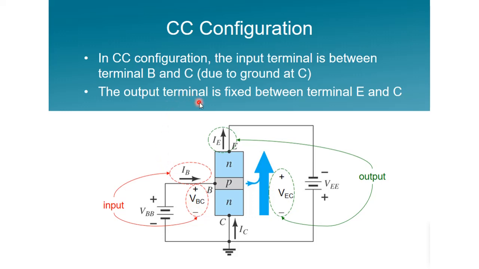The output terminal is fixed between terminal E and C. So you can see here E and C. The values are IE for current and VEC for voltage. So remember these four values, as they will be plotted at the graph for the output characteristic.